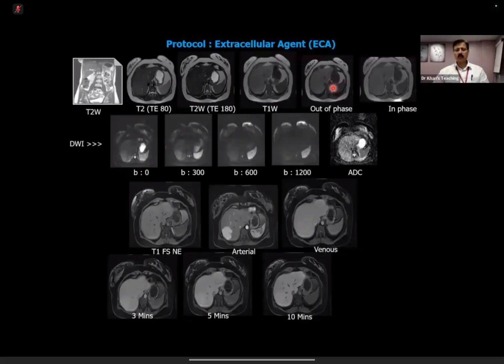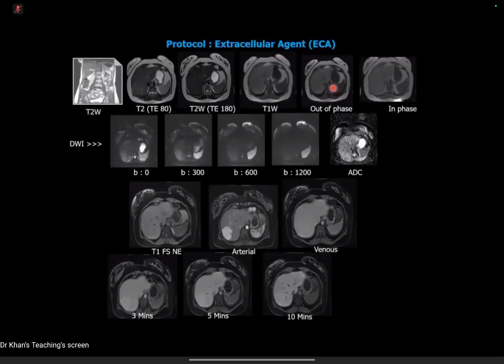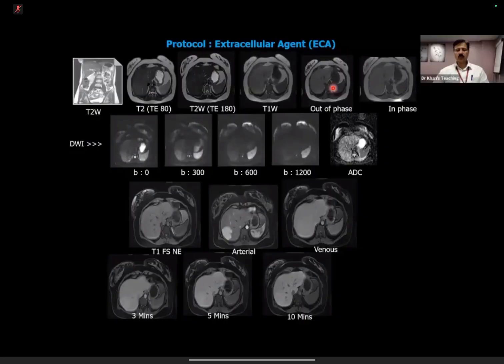And this is how you pick up fatty infiltration of the liver, or within the liver if there is a lesion which has a fatty component. Similarly, in the adrenal, which also comes in the exam, if there is a fatty component in the adrenal, it means it's an adenoma, it's a good sign.